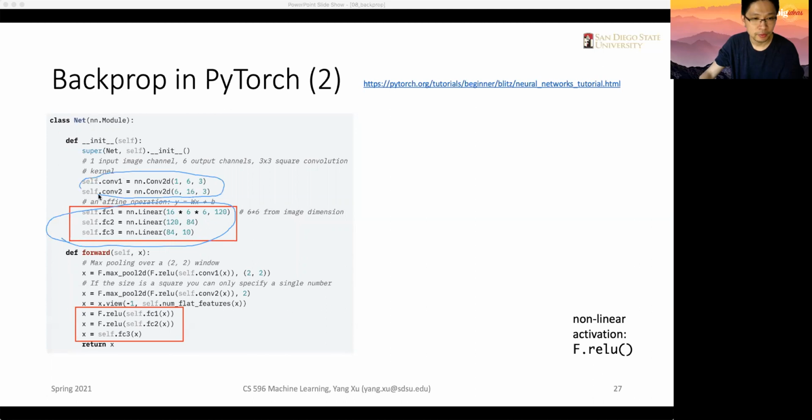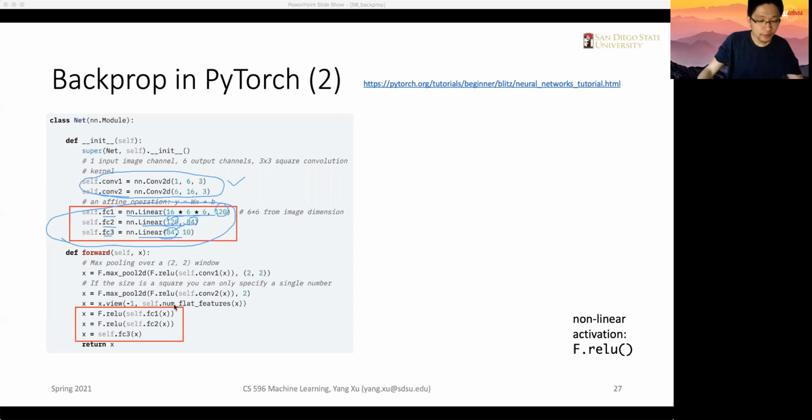We don't need to care about how the convolutional layer works, but as we can see here, we can define the linear layers here, okay? Their dimensions match: the 120 matches the 120 here, and the 84 matches 84 here. And we call it FC because it's for fully connected, okay? That's another name for the usual dense network, okay?